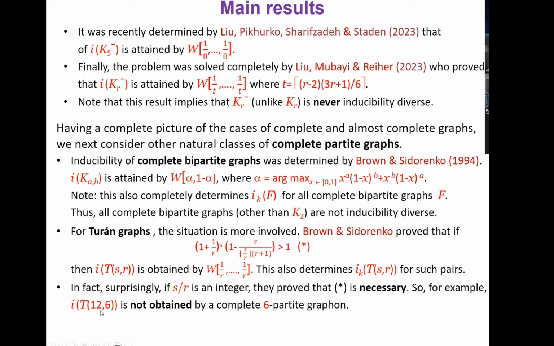They didn't say what it will be, but they showed that it will not be. So for example, for K_{2,2,2,2,2,2}, or if you will, just the complement of a matching with 6 edges, this does not satisfy star, so it will not be a 6-partite graphon at all.